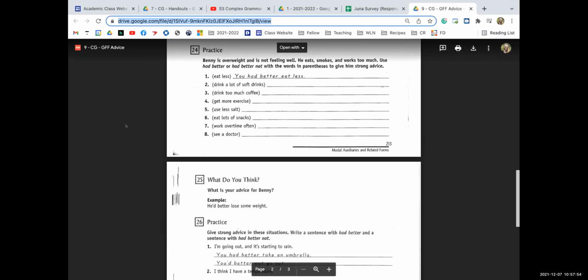And then you can say what is your advice for Benny. He'd better eat healthy food. Don't eat anything on the floor.